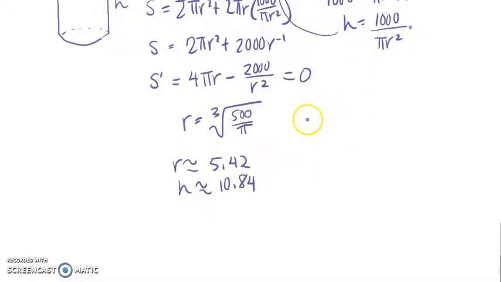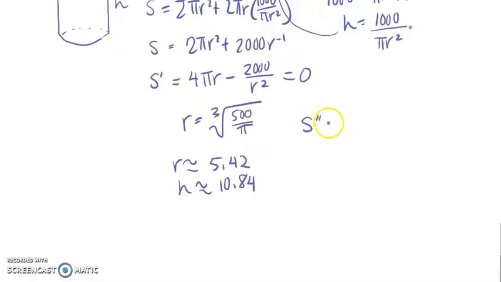So one of the ways to test is the double derivative test. A lot of students make the mistake of not using this test, and sometimes this critical number isn't the minimum or isn't the maximum. So it's very important to test to make sure that it is the answer that you want.